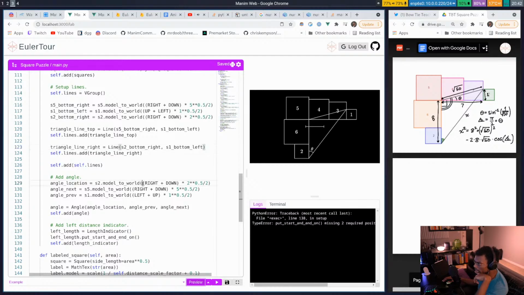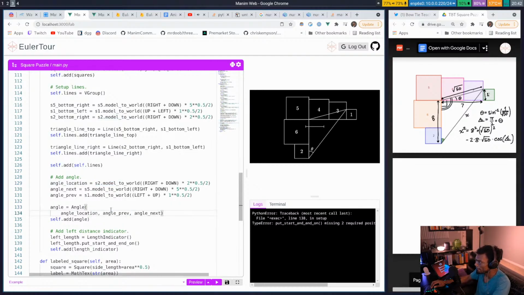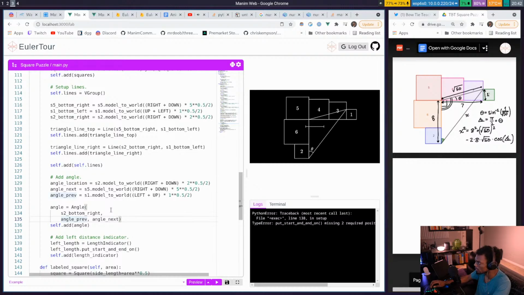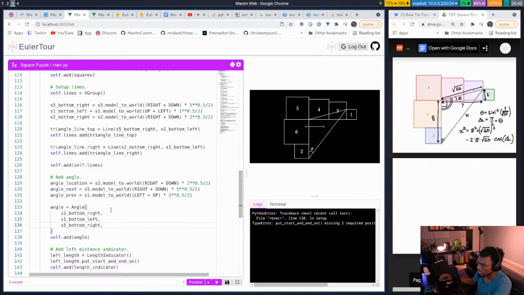Angle location. Now I can simplify this. Actually, simplify all of these, I think. This S2 bottom right. Previous is S1 whatever. And then next is S5 bottom right. I actually wonder how this would look in one line.